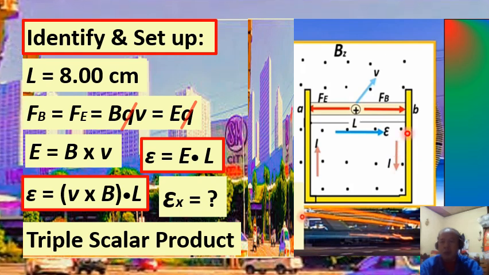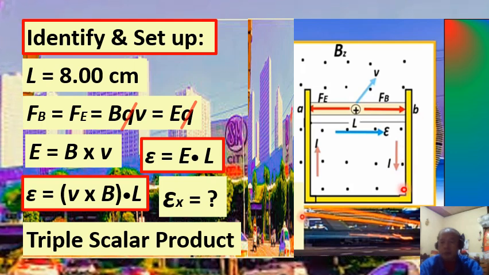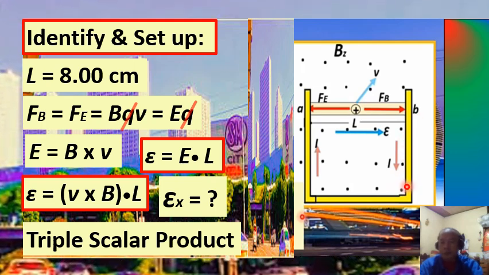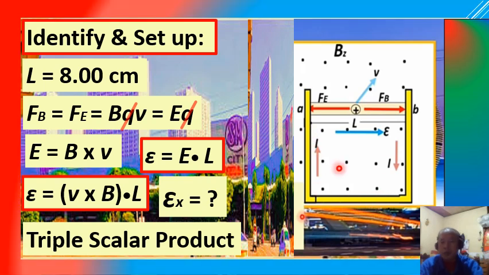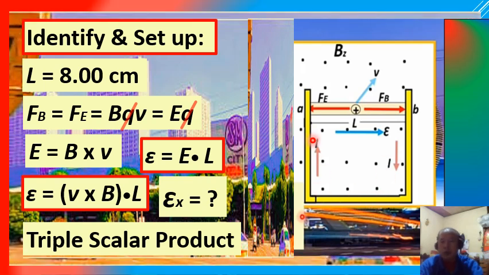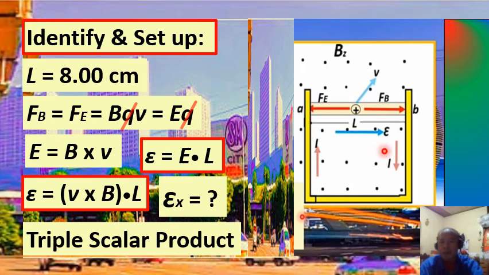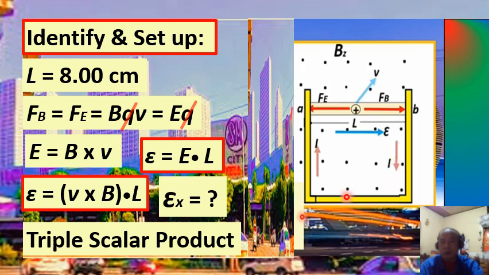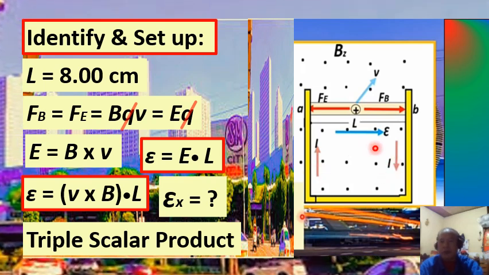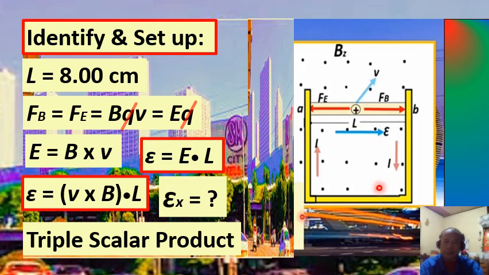It is from point B, passing through the external part of the conductor and goes into point A. That is the direction of the induced conventional current, right? We can say that the direction is clockwise.